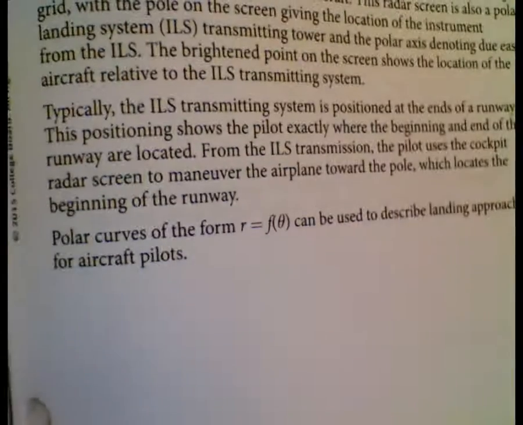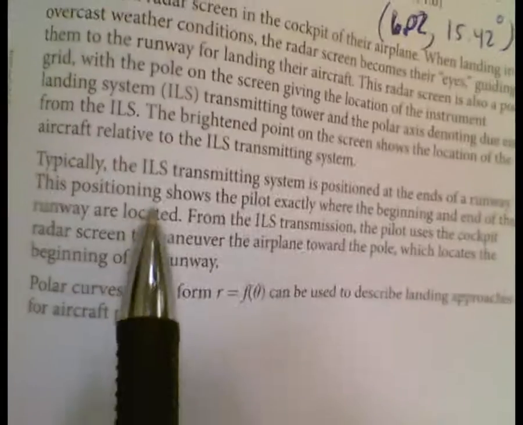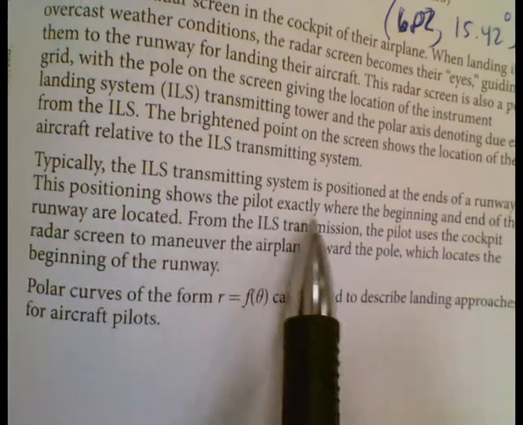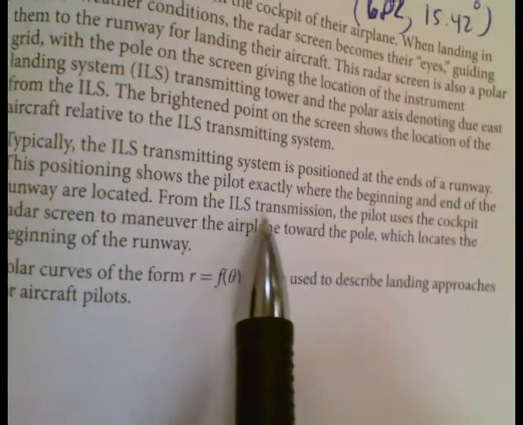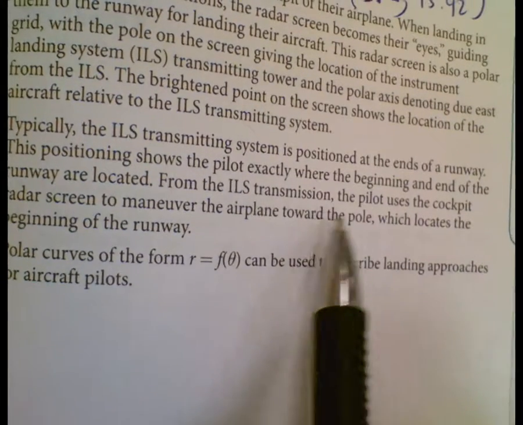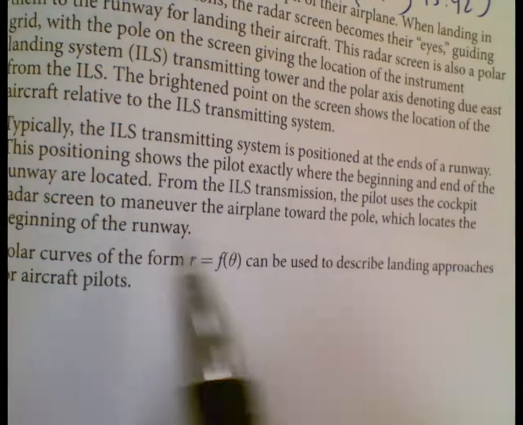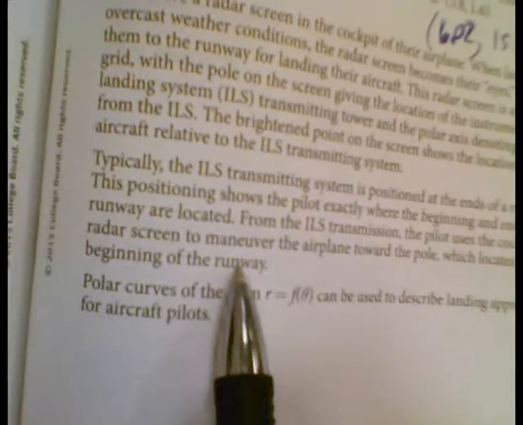Usually this transmitting system is positioned at the end of a runway. This positioning shows the pilot exactly where the beginning and end of the runways are located. From the ILS transmission, the pilot uses the cockpit radar screen to maneuver the airplane towards the pole, which locates the beginning of the runway. So they like to have the pole at the beginning of the runway.